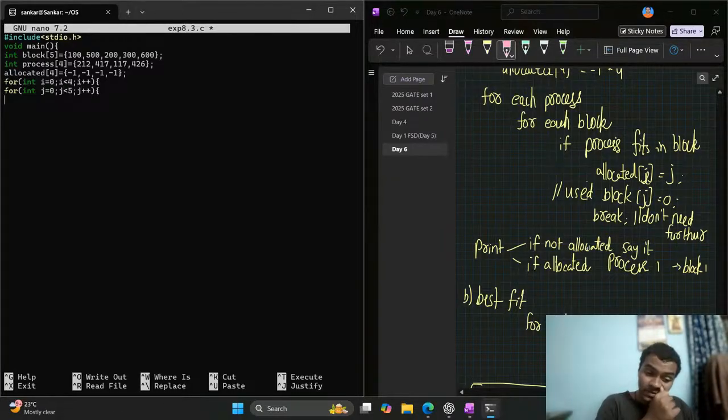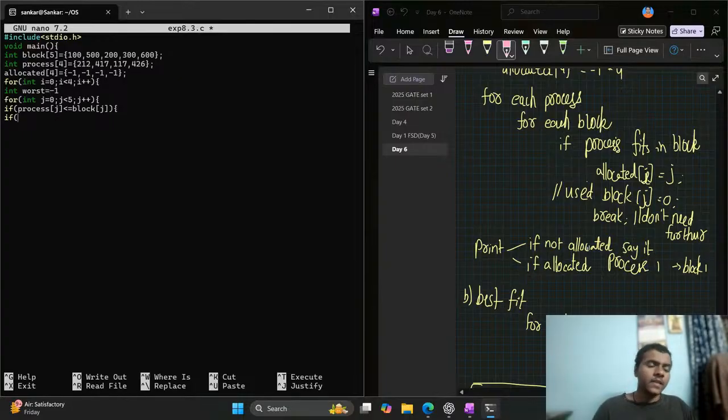What will we do now? If the process fits in the block. So if process of J is smaller than the block of J, every time you need to initialize the worst. int worst equals -1.